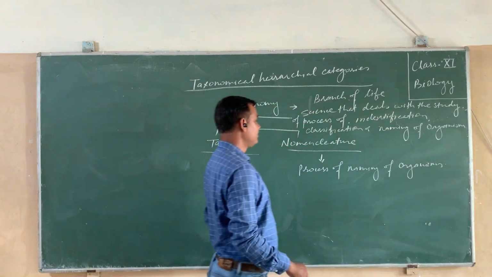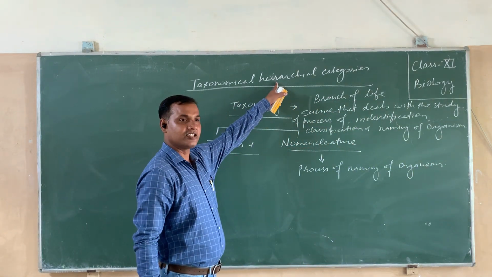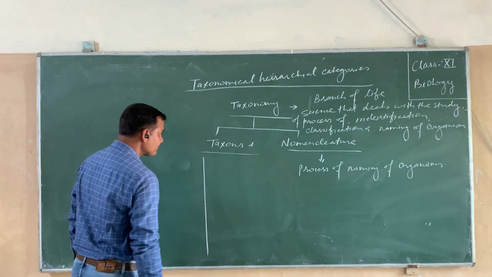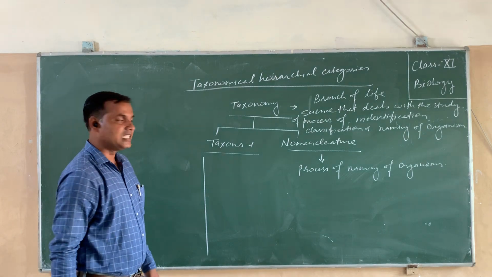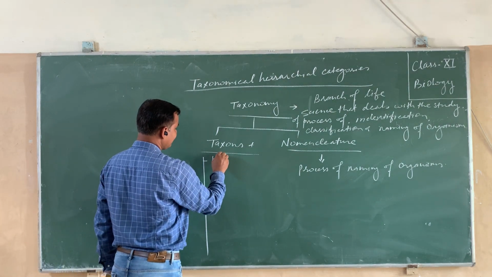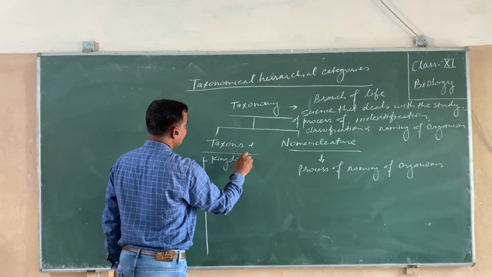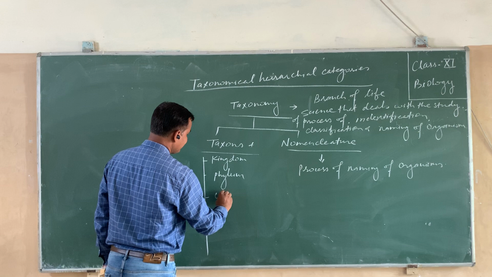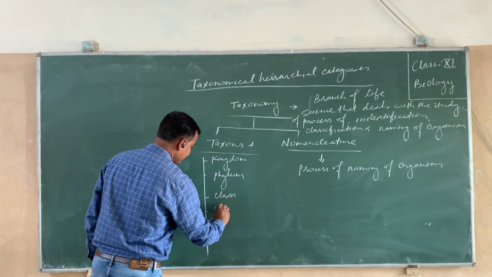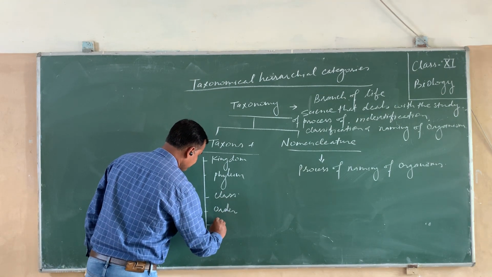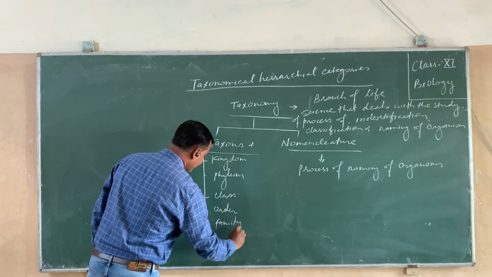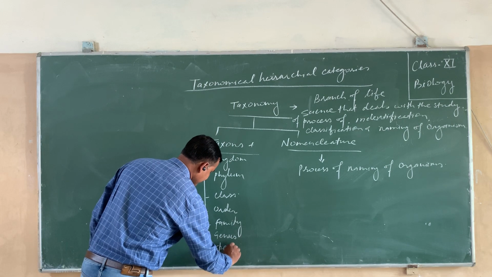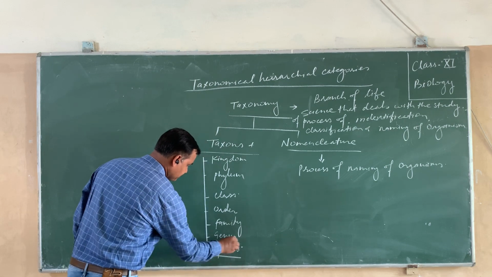And taxons are the categories, the hierarchical categories. So what are the taxons and how can we write them? Taxons include categories, and these categories are kingdom, phylum, class, order, family, genus and species.